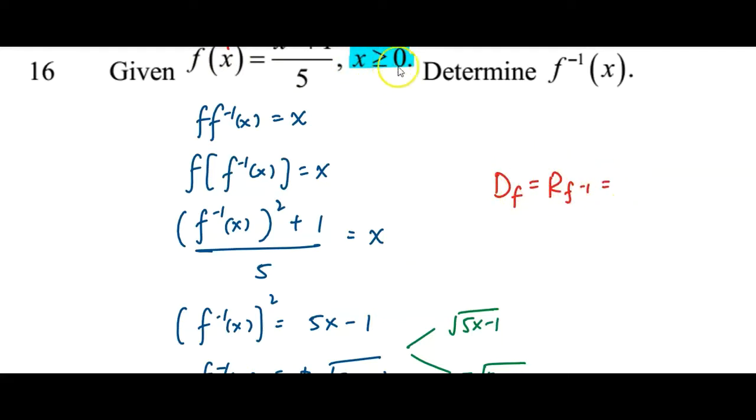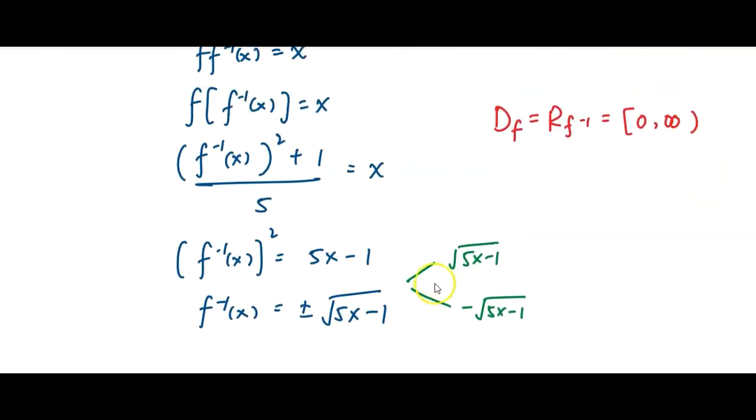The domain of f given here is 0 to infinity, meaning that to choose which function to be our f inverse, I'm going to consider the range of the f inverse, which is 0 to infinity, and which of the functions will produce 0 to infinity.